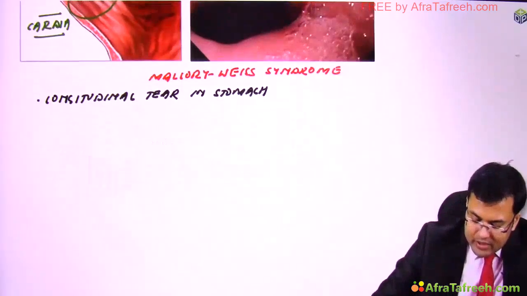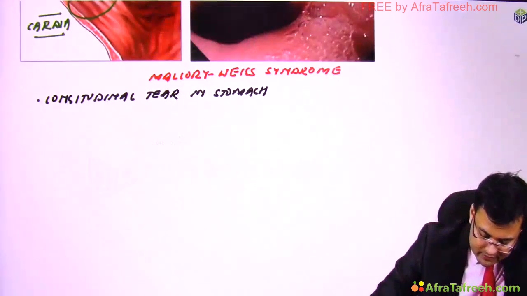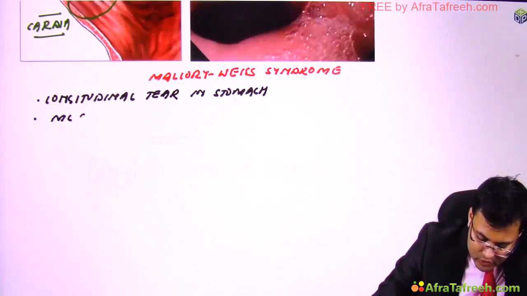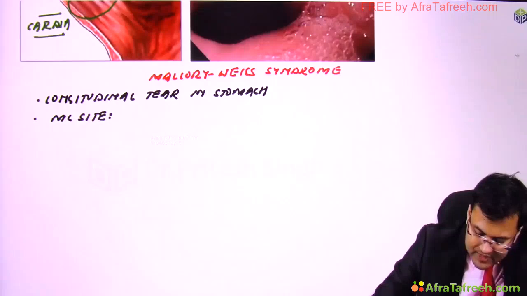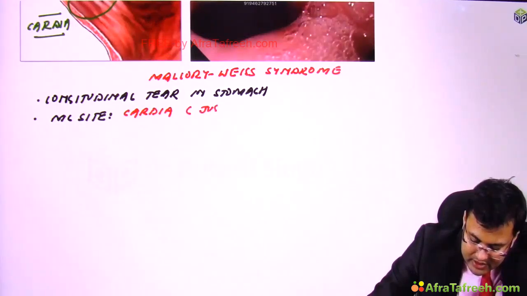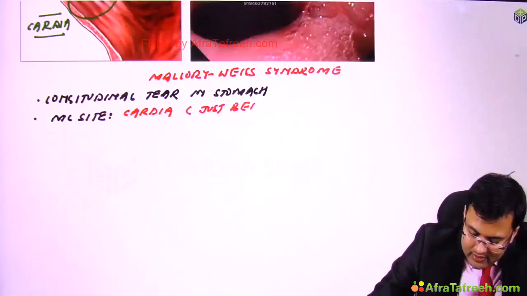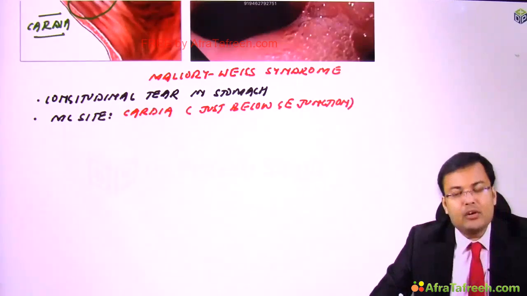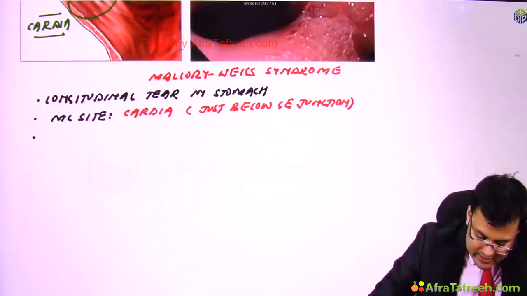So it's the longitudinal tear in stomach. Second, what's the most common site? It is the cardia, located just below the GE junction. Be careful.